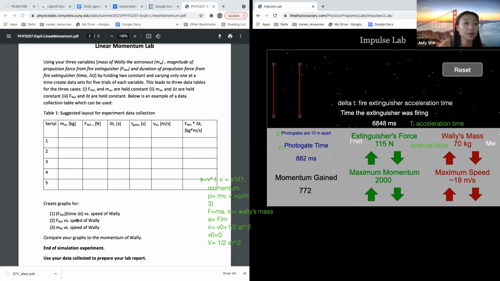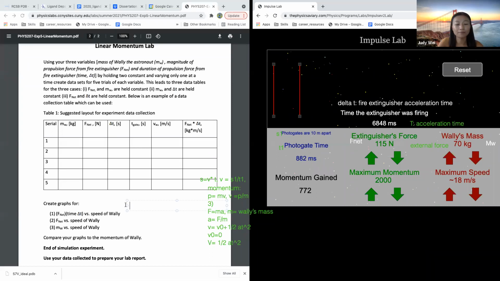So for the first one, you create a graph of F times delta T versus speed of Wally. So what does this mean? When we try to understand the physical meaning, we should do math too.